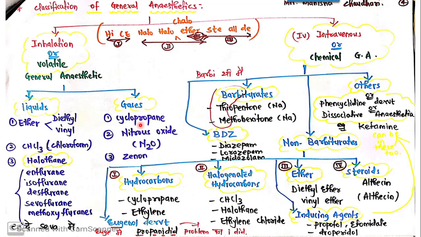Compounds which contain only carbon and hydrogen are called hydrocarbons. Compounds which contain carbon, hydrogen along with halogen are called halogenated hydrocarbons. That means they are hydrocarbons substituted with one or another halogen.